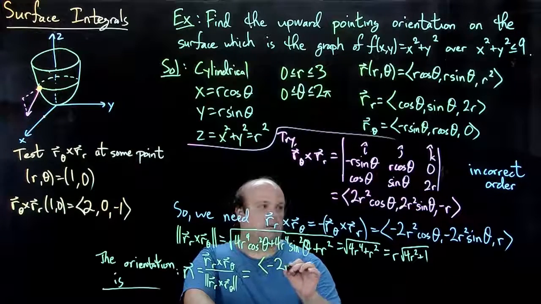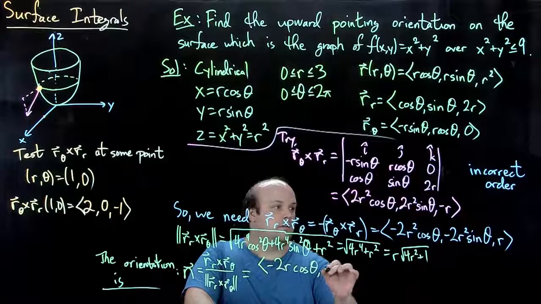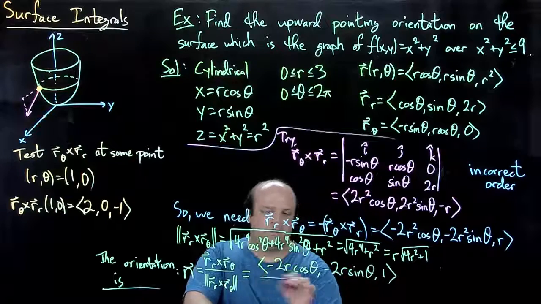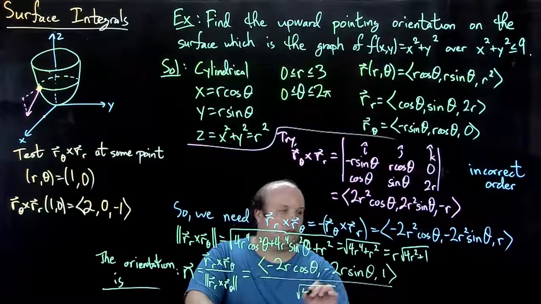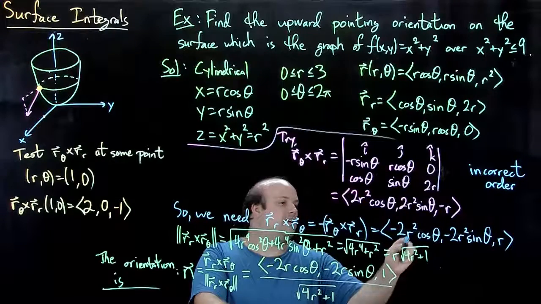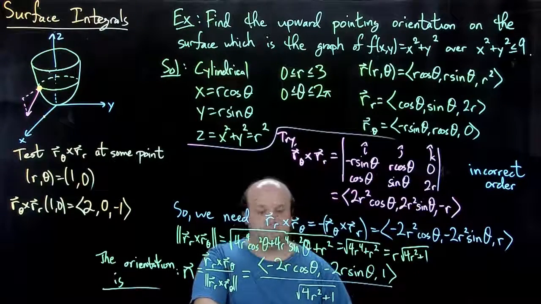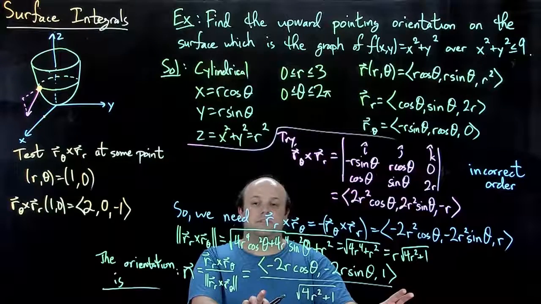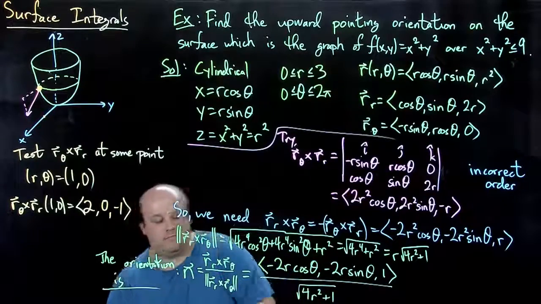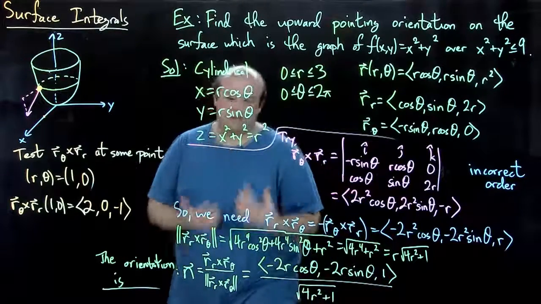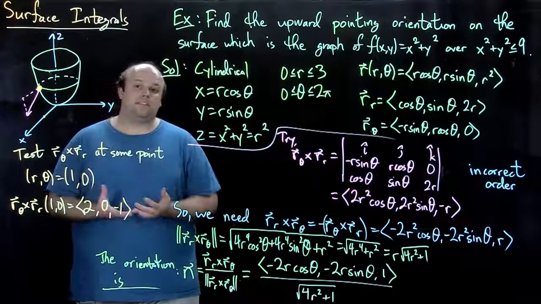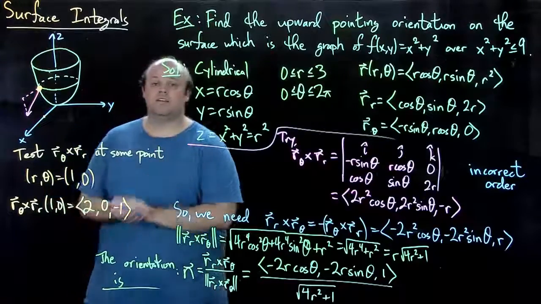So we get minus 2r cosine theta, minus 2r sine theta, 1, over square root 4r squared plus 1. Again, this r right here cancels one from each of those components. So this here is the unit normal vector field that we wanted. Right? It points upward, and it's unit normal, so that's the upward pointing orientation of this surface. I hope that made sense, and see you in the next video.